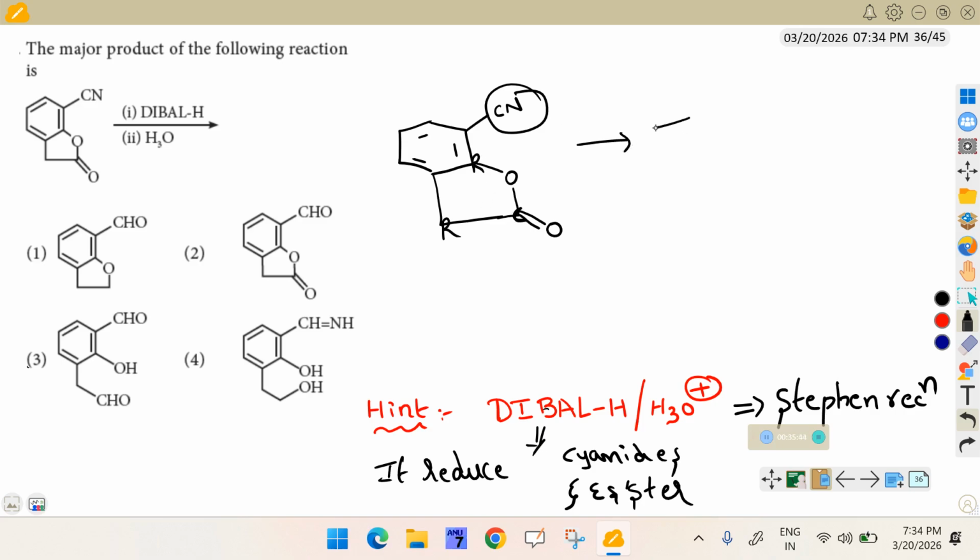Cyanides are converted to aldehydes, and esters break the bond between carbonyl carbon and oxygen atom. Oxygen gets a hydrogen atom. Then you will get CHO and OH. Third option, correct option.